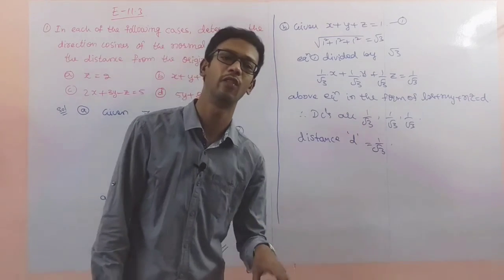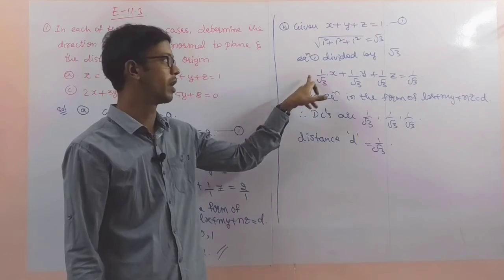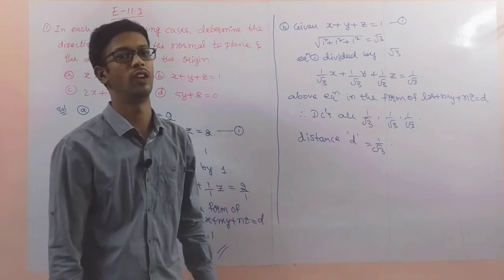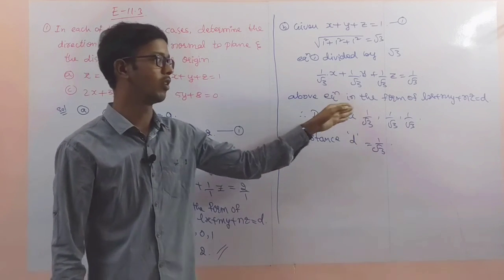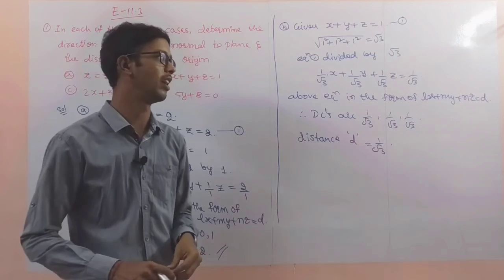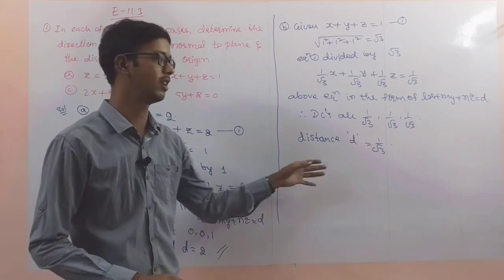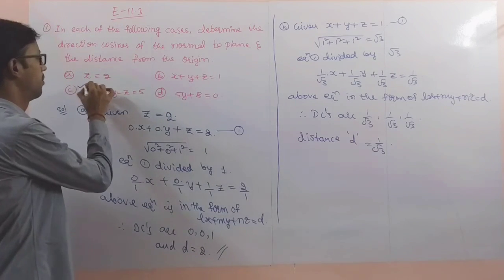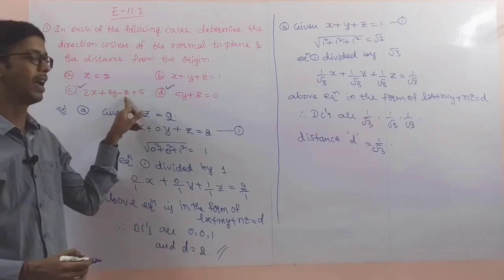First of all, convert the given equation into normal equation. For the normal equation, divide both sides of the equation by the square root of the sum of the coefficient squares. Now compare with lx plus my plus nz equal to d, where l, m, n are the direction cosines and d is the distance. So I explained problems A and B here. Now problem number C and problem number D. You can see here 2, 3, minus 1.